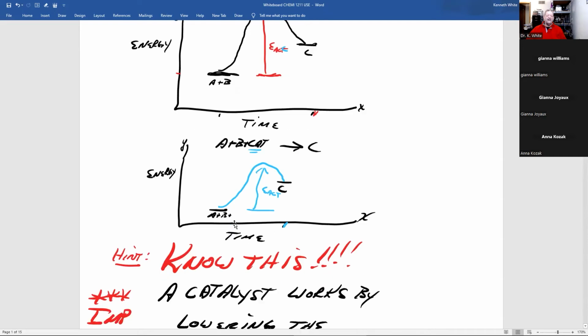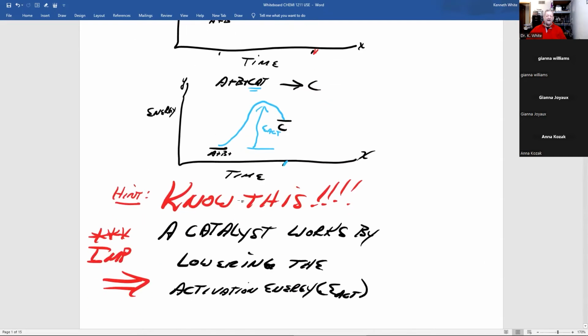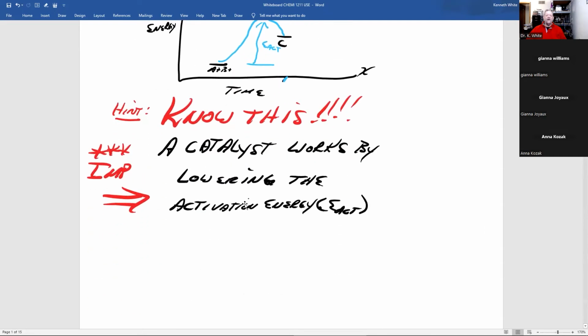But anyways, how does a catalyst work? It lowers the activation energy. As I mentioned earlier, there are a lot of catalysts in our daily life. In the chemical industry, we use them. In your body, Mother Nature uses them. All of your enzymes are catalysts.